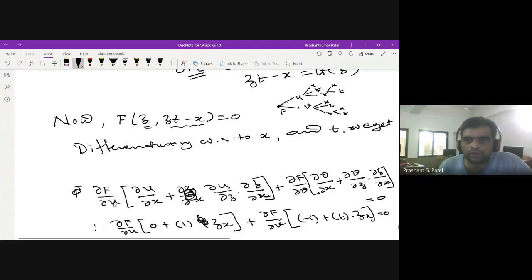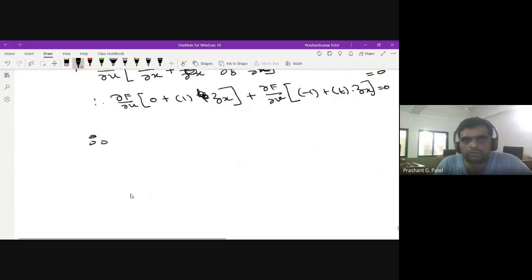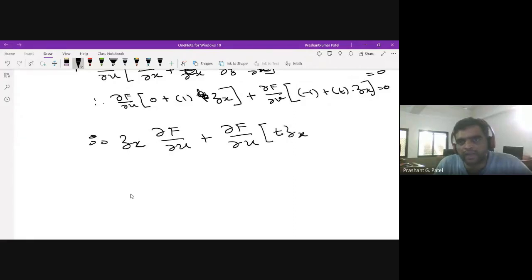So therefore you will have zx into del f upon del u plus del f upon del v into t into zx minus 1 equal to 0. If I want to calculate zx from this, you can solve for zx.